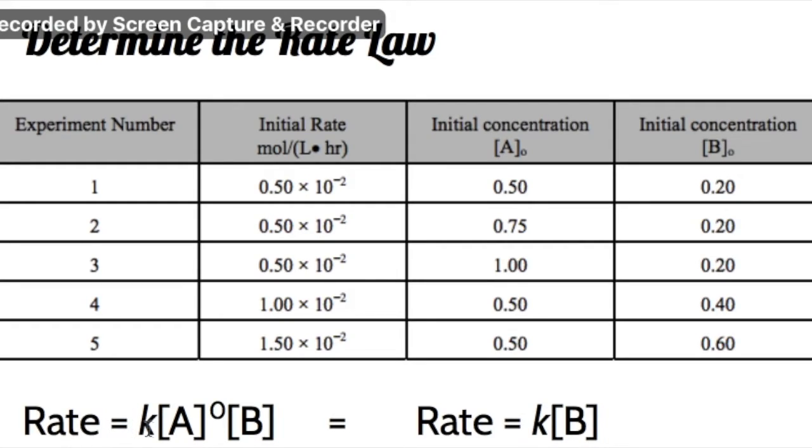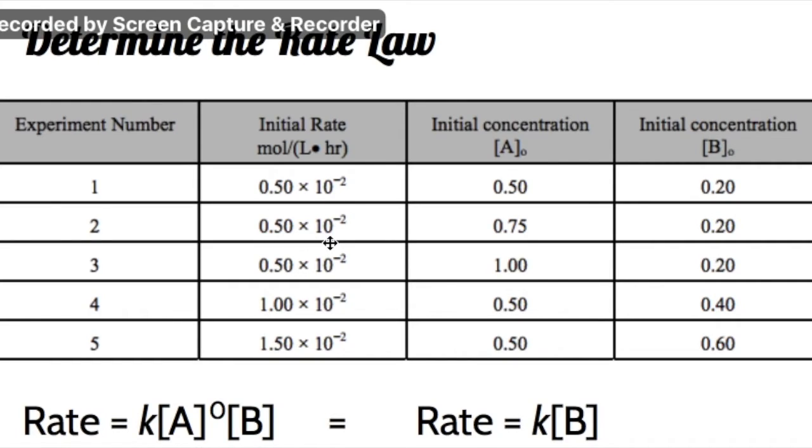Rate is equal to K times the concentration of A raised to the 0th power times the concentration of B raised to the first power. So we deduced A's power by noting that when B was held constant and the concentration of A changed, nothing happened to the reaction rate.